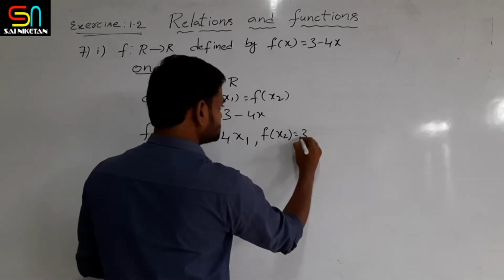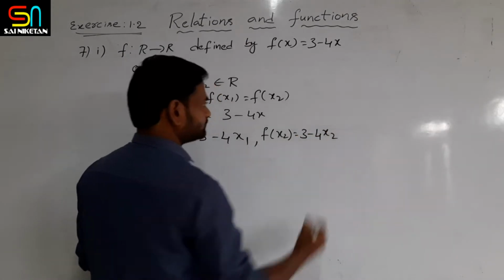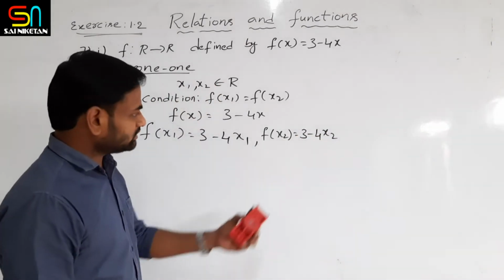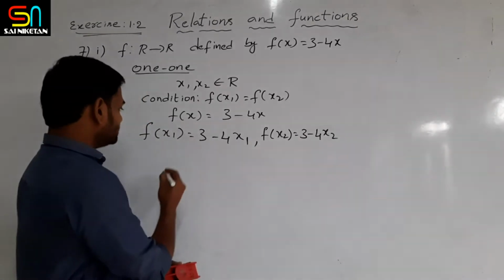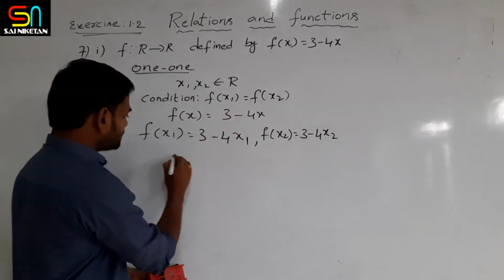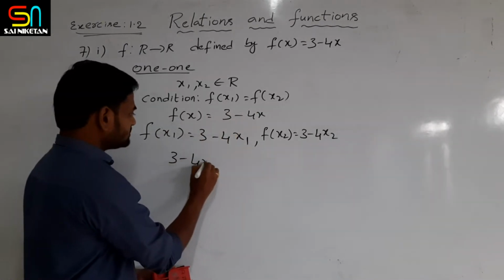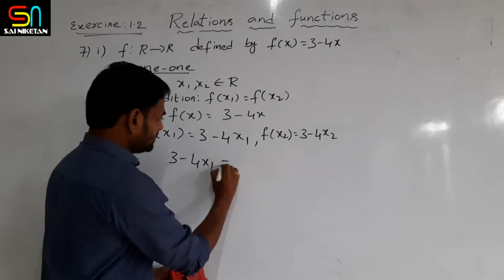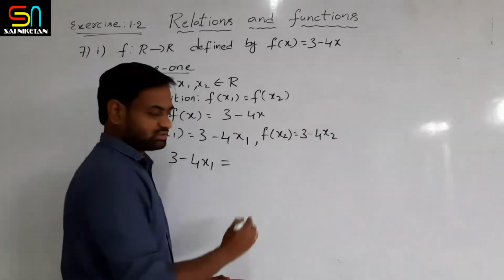That is 3 - 4x2. This is f(x2). Now I am taking the condition f(x1) = f(x2). So f(x1) is 3 - 4x1, equal to f(x2).